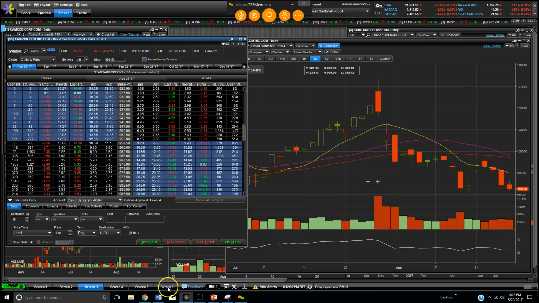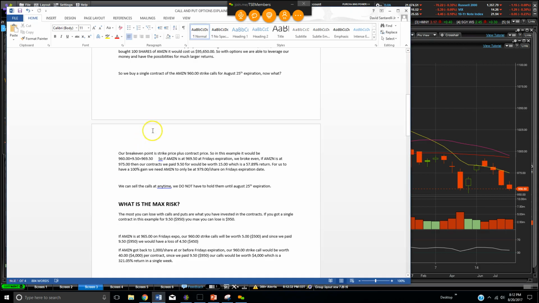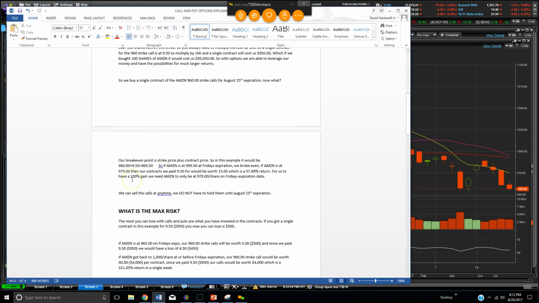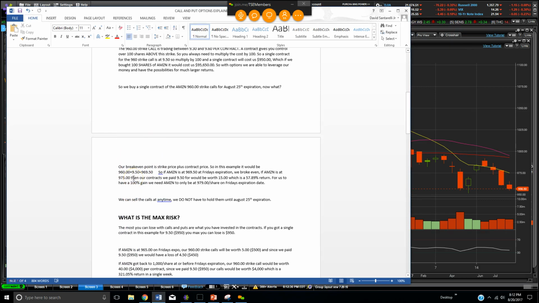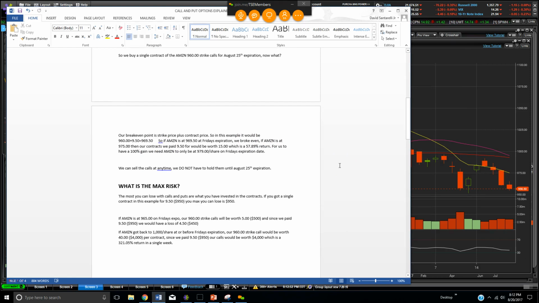So for example, let's say we just bought the 960 strike tomorrow. And let's say on Monday and Tuesday, Amazon surges higher, and Amazon's at 970, 980 by Tuesday. We then should have close to 100% return, and all you have to do is sell to close, and you'll get those returns, and you'll lock in those gains.